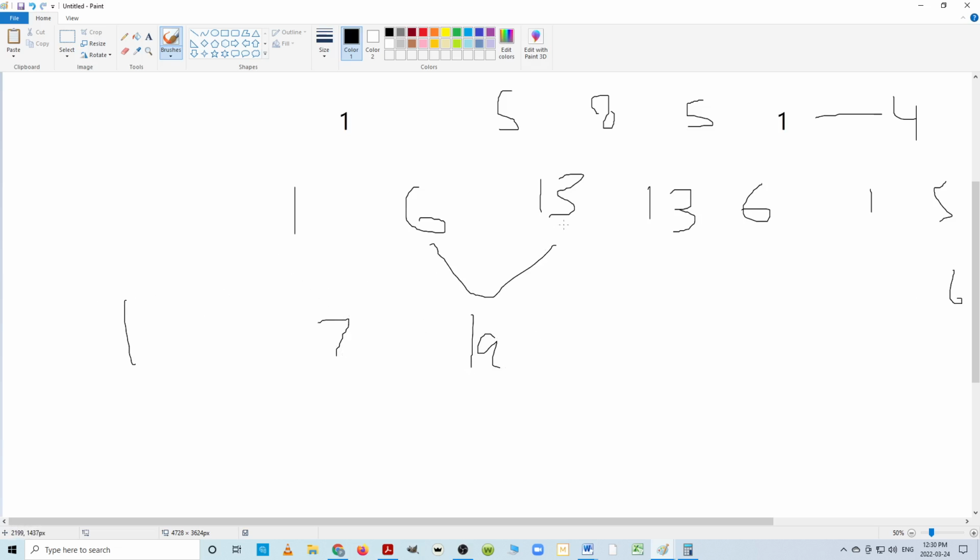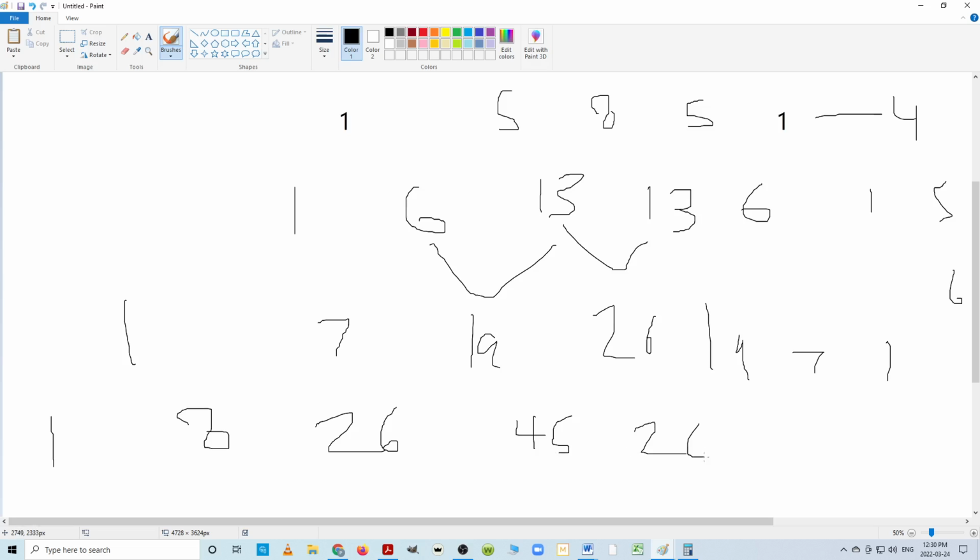19, 26, 19, 7, and 1. And then finally the power 7, I'm going to get 1, 8, 26. Whew, gets pretty tough. 35, 45. Then it goes back down. 26, 8, and 1.